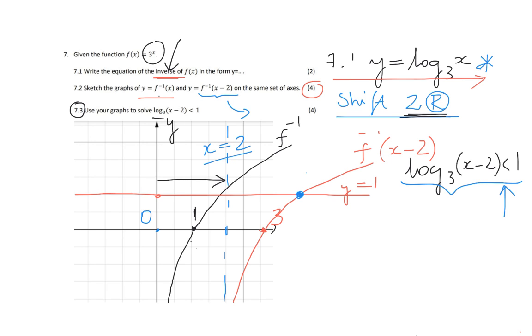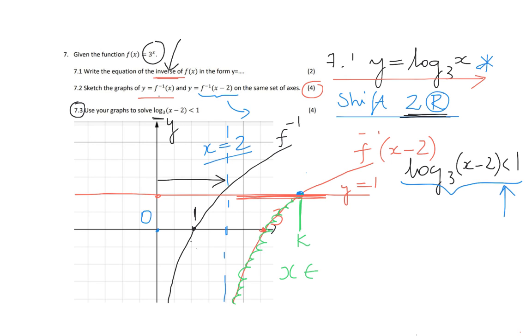So if I look on my graph, I have a point of intersection, some x value of k, and here is where my logarithmic function is below that straight line. Where does it go? What's that interval?